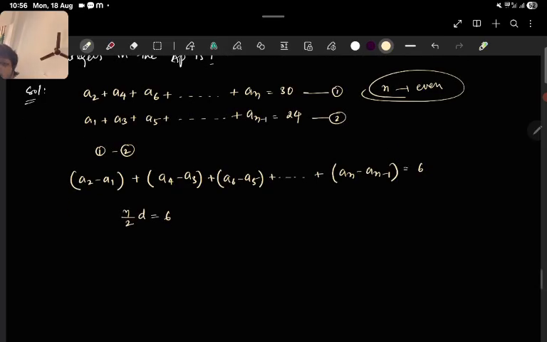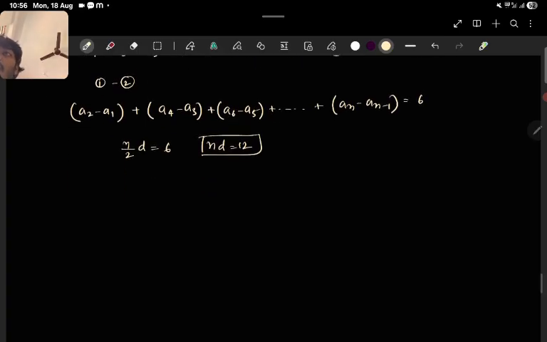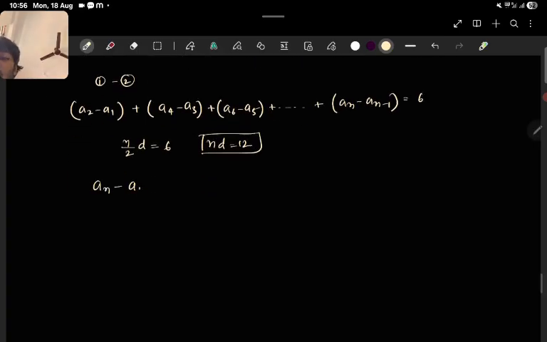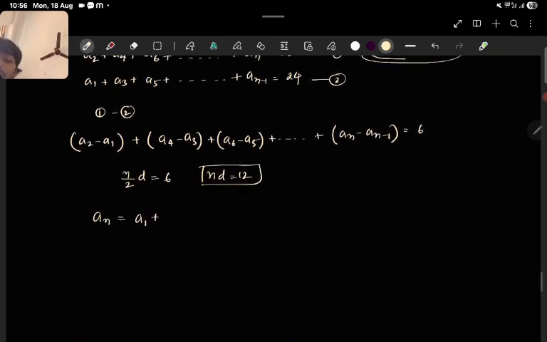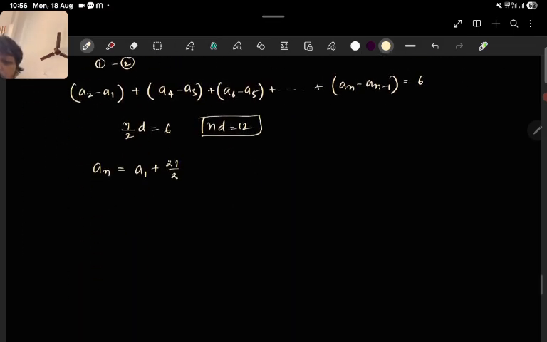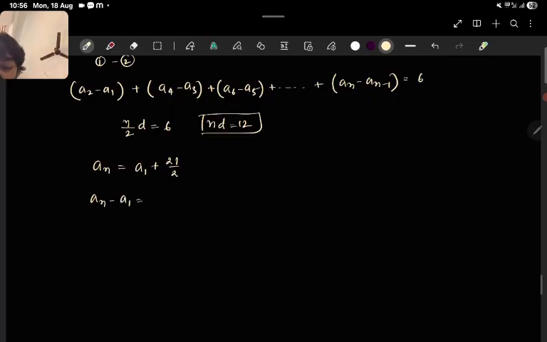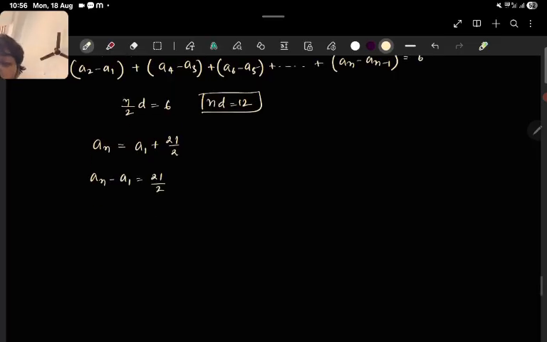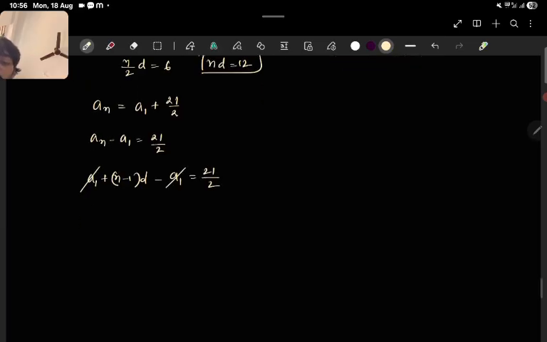So nd is equal to how much? 12. Now observe properly. They gave one more condition. The last term exceeds the first term by 21 by 2. So an minus a1 is equal to 21 by 2. an is a1 plus n minus 1 into d, so a1 gets cancelled. nd minus d is equal to 21 by 2.